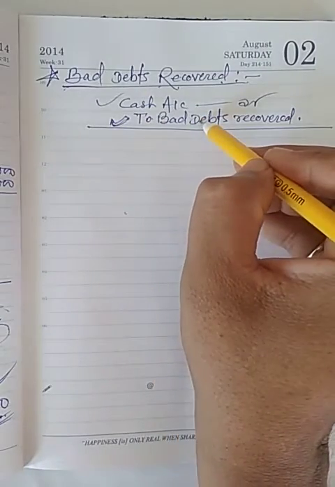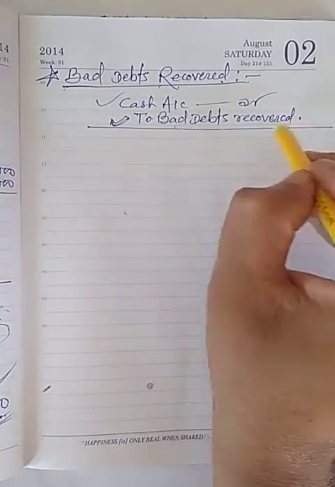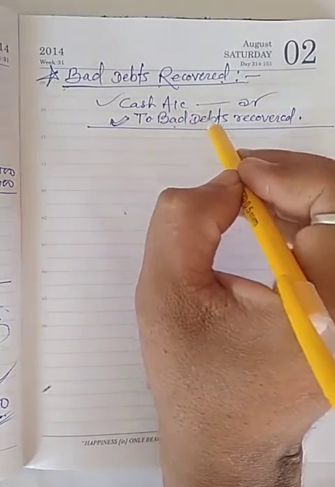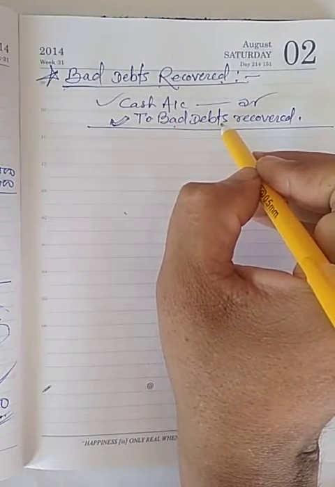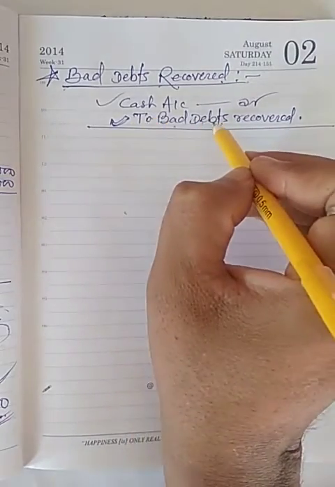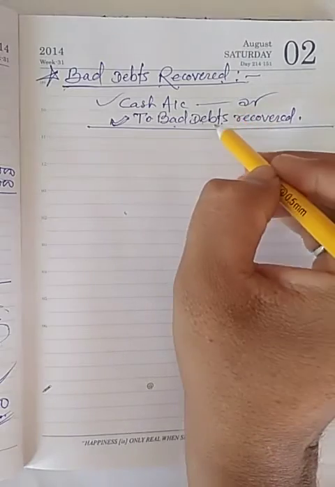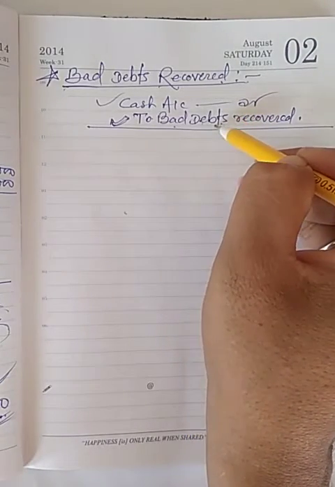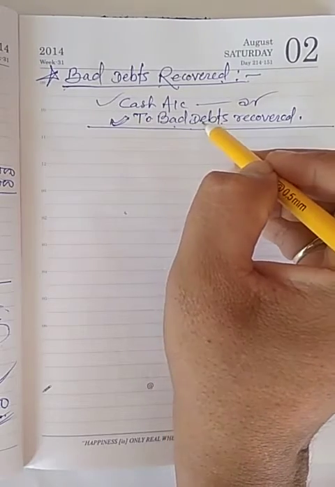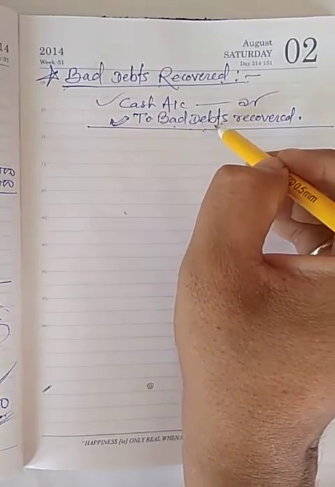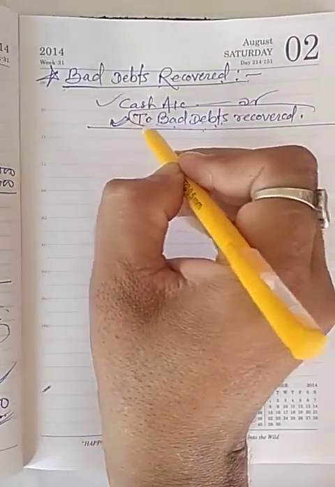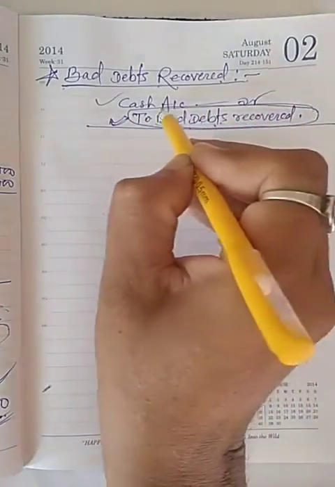Now in this connection, the personal account of the customer will not be credited, because the customer's name has been credited in the previous part when bad debt was written off. So this will be treated as our income.